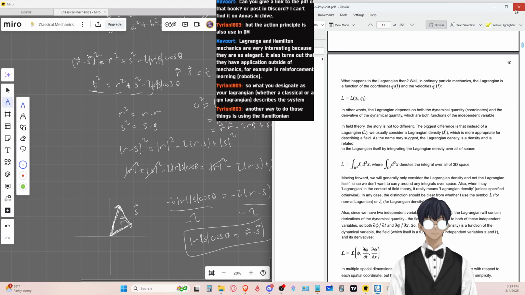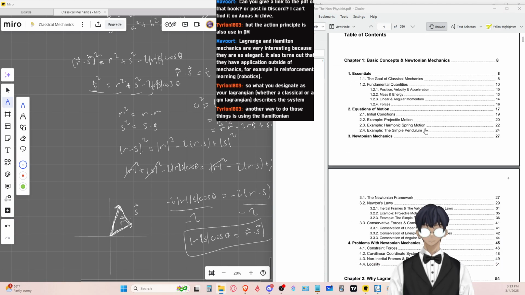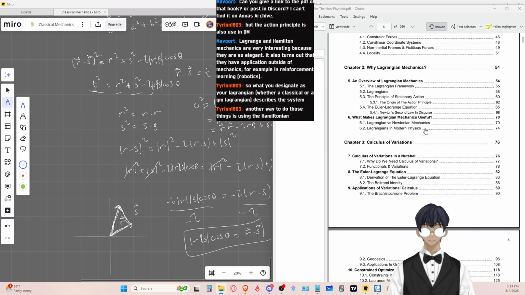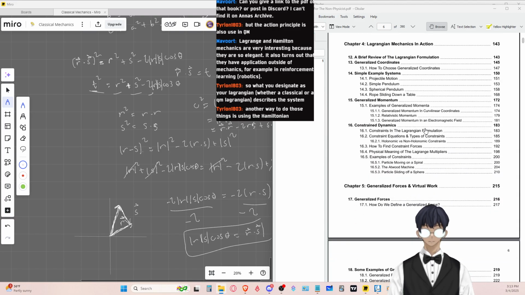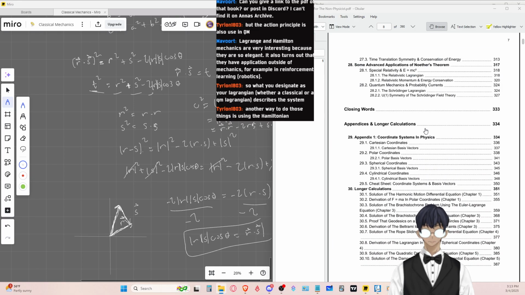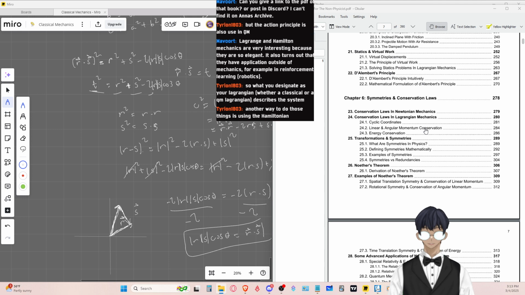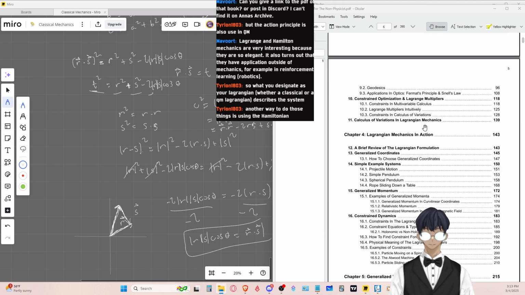Does this book cover the Hamiltonian? I think it does. Let me see. It's mostly for Lagrangian, but I think they do introduce the Hamiltonian in here a bit. I know they cover it once. Where is it in the context?